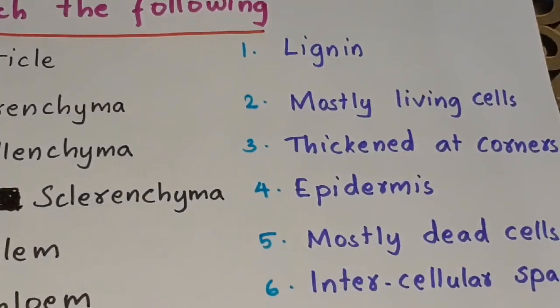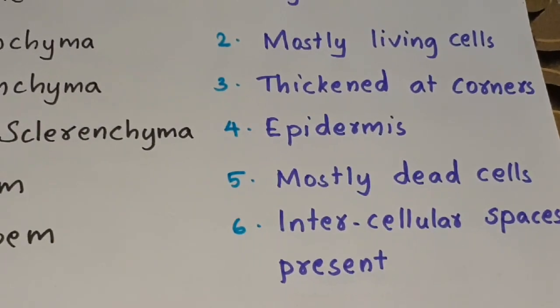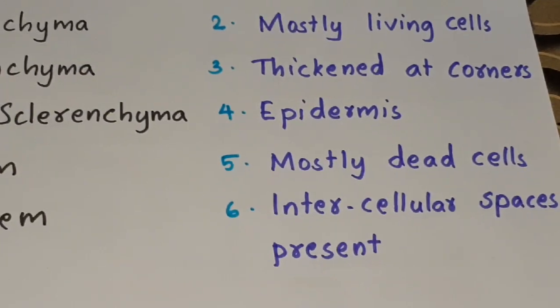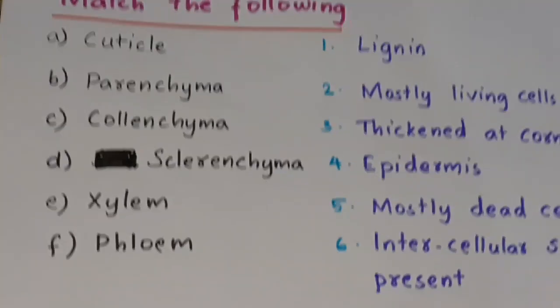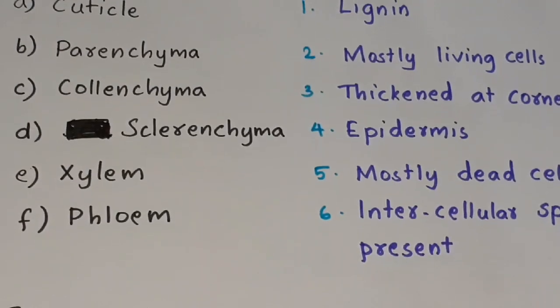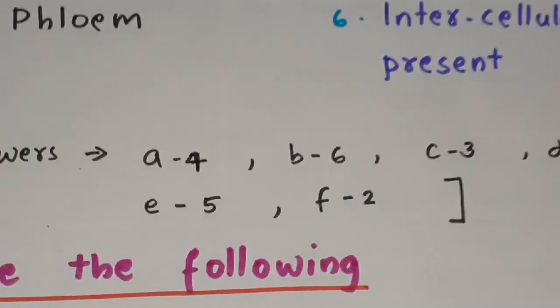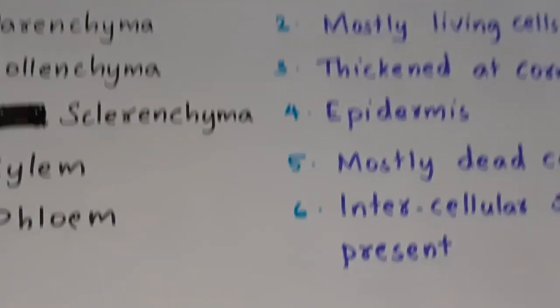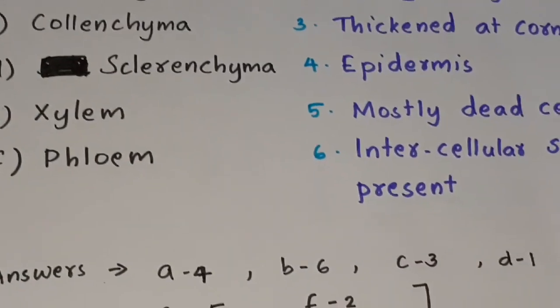Answers you can also see: lignin, mostly living cells, thickened at corners, epidermis, mostly dead cells, intercellular spaces present. Below I gave the answers also, but before checking them, try to solve first by yourself. Then you can check whether your answer is correct or not. Okay, so do it sincerely.